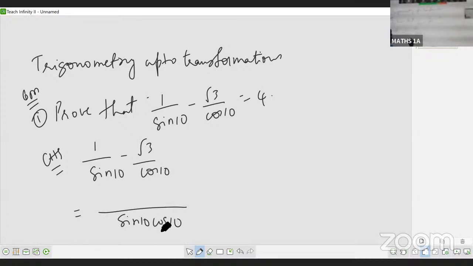Sine 10 into cos 10, LCM I took. Here what I get is cos 10 minus root 3 sine 10. Now multiply and divide with 2.